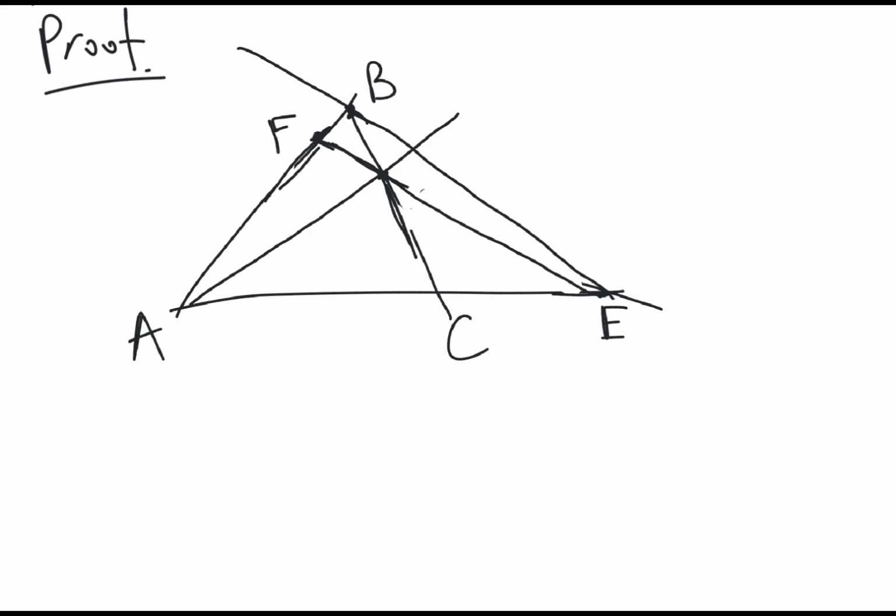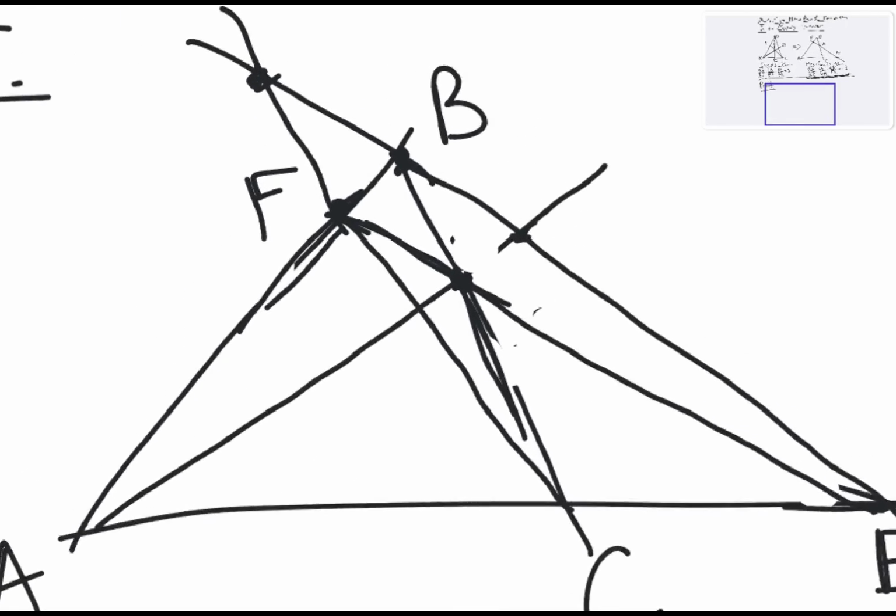And we connect like this. So we denote this point, so this is D. This was originally denoted.